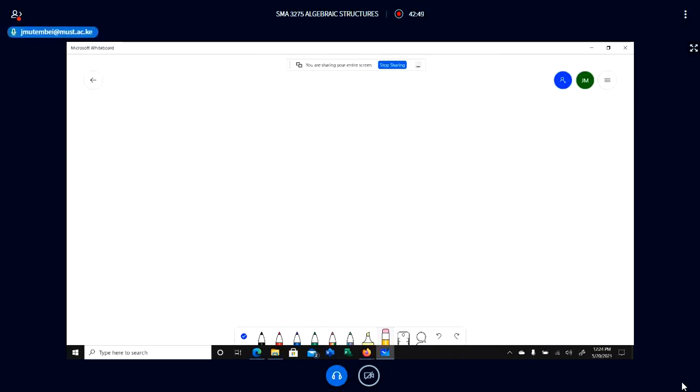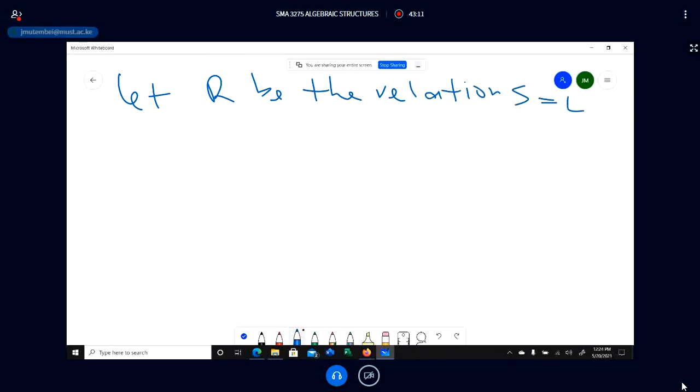I want another illustration here where R is the relation S is equal to T. Remember our S was the set 1, 2, 3, 4.